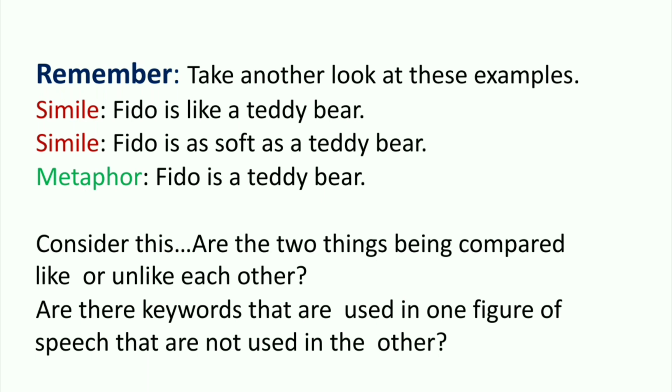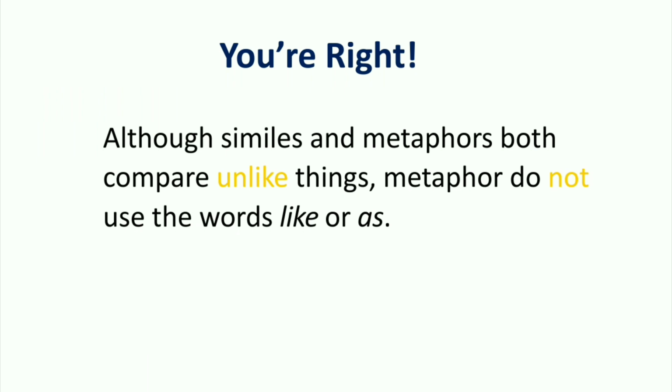So in the metaphor, as we remember, we don't use like or as in comparison. So you are right. The last sentence which says comparing two unlike things without using like or as is the correct statement which defines metaphor.